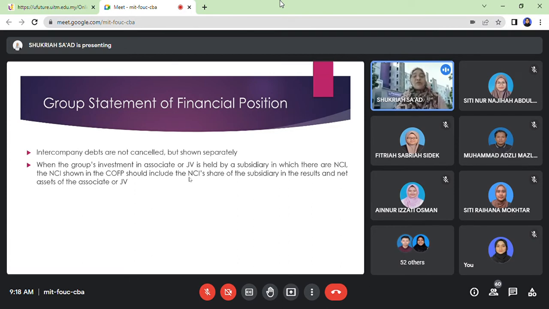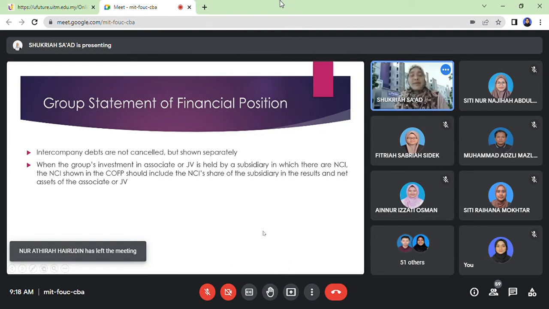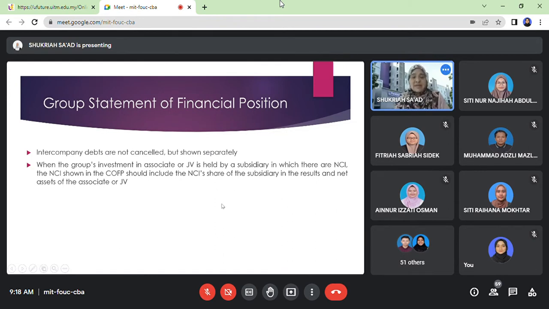Right? So you have to remember this. It doesn't mean that a percentage of control more than 50% means they have the power or the element of controlling interest. Sometimes you are given a percentage of less than 50%, but they can also be called a subsidiary. So this is the case.